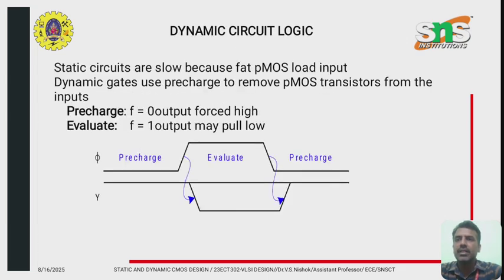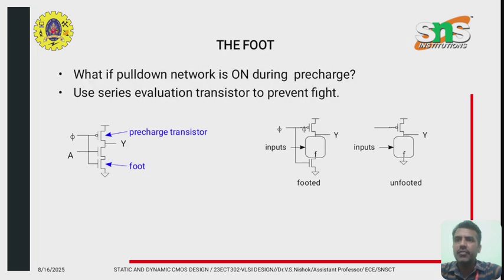So here the clock signals are given. When the clock is equal to 0, it is considered as precharge mode. When the clock signal is equal to 1, it is considered as evaluate mode. So in the evaluate mode, the output is pulled to a low value. We are seeing what happens if the pull down network is on during precharge.